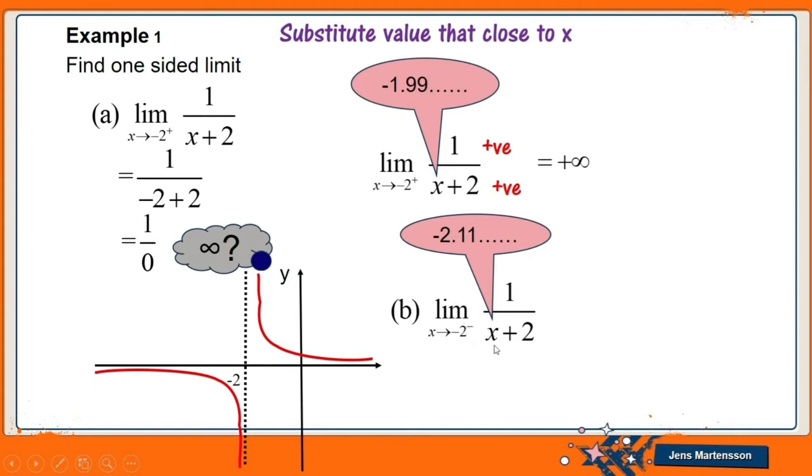We substitute negative 2.11 in this limit. So negative 2.11 plus 2, the answer is negative. 1 is positive, positive divided by negative is negative infinity. Okay, from the graph we can see that when x approaches negative 2 from the left, f(x) approaches negative infinity.